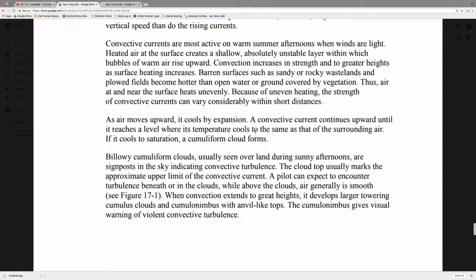It creates that really convective cloud, the towering cumulus cloud, and that convective activity near or in that cloud is what causes that convective turbulence, because there's a lot of really, really hot air rising super quick, and it creates that convective swirl of air.